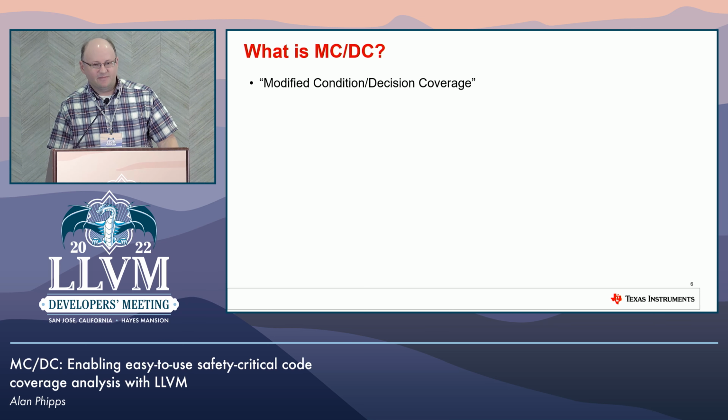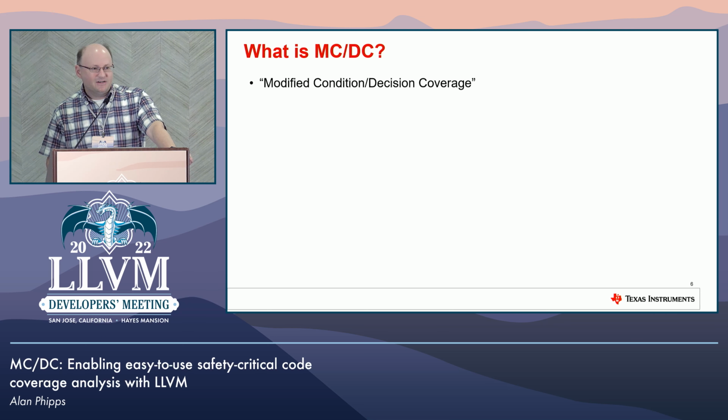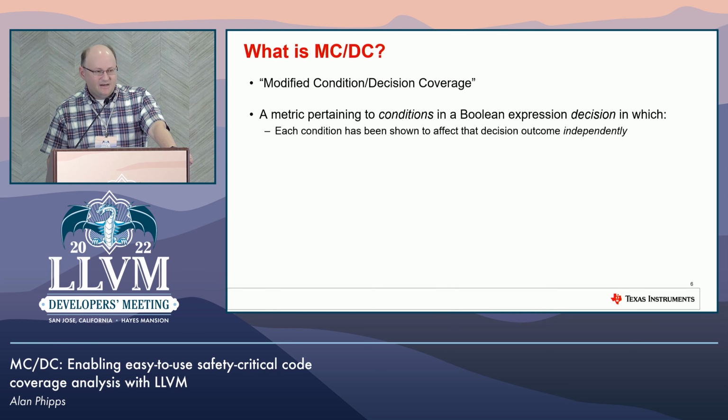MCDC stands for Modified Condition Decision Coverage. Strictly speaking, it's a metric pertaining to conditions in a Boolean expression decision, in which each condition has been shown to affect that decision outcome independently. And I'll go into this in a lot more depth. It can be a little vague when you just read the definition.